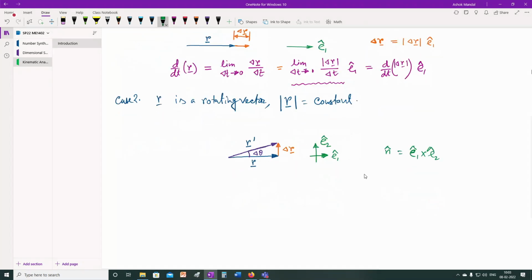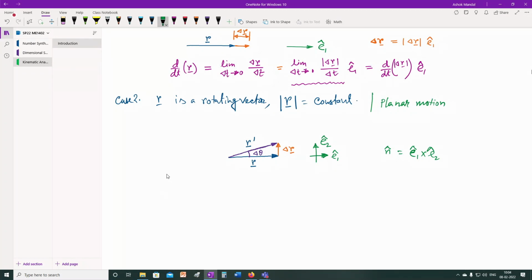Are you fine with this? We are defining these unit vectors, and we want to find the derivative of this vector when it is a rotating vector, but it is not changing its magnitude. We have taken a planar motion, just to make it simple, in one plane only.